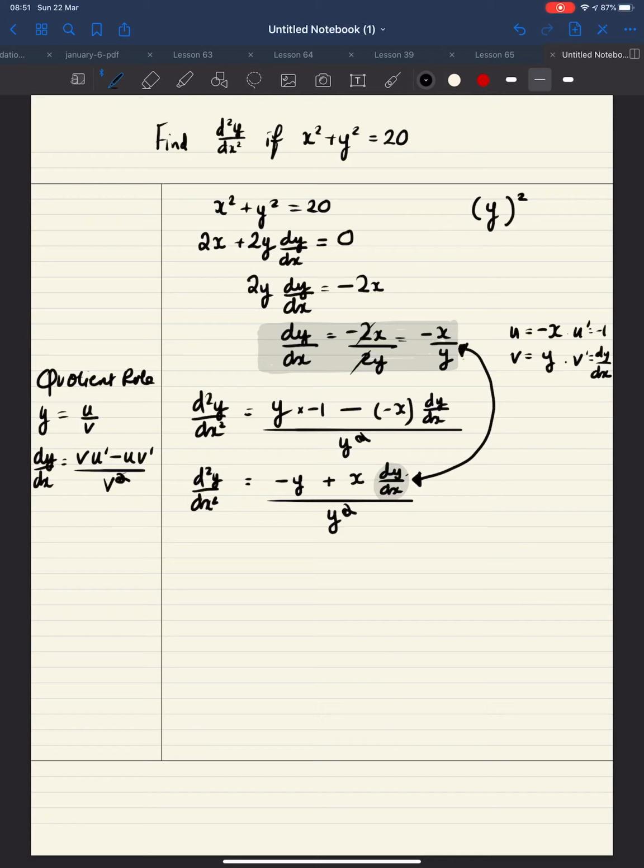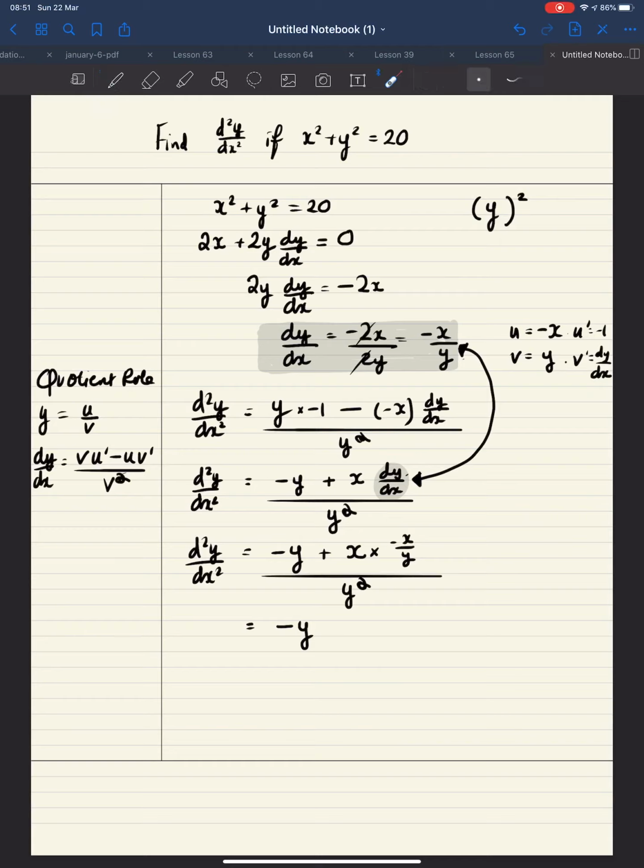Okay, so d2y by dx squared is minus y plus x times minus x over y, divided by y squared. Let's simplify this a bit. I'm putting in every step. So it's minus y.